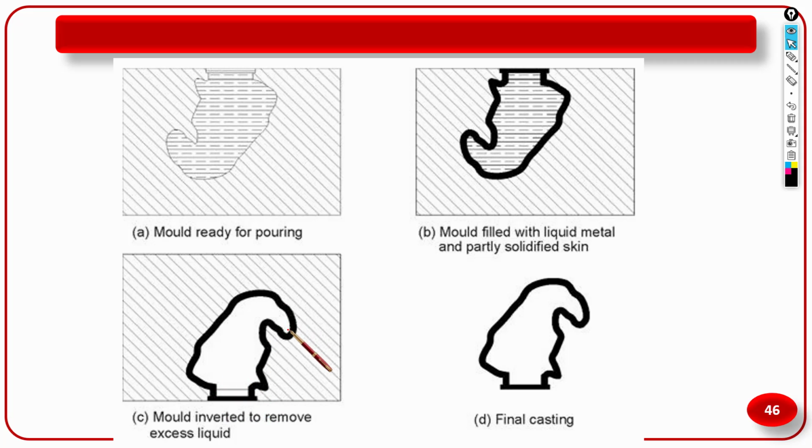So now you understood the difference between shell mold casting and slush casting. In shell mold casting, the mold itself is very, very thin, but here the casting is very, very thin. Now how is it taken out from this mold? Obviously this is not made of metal.